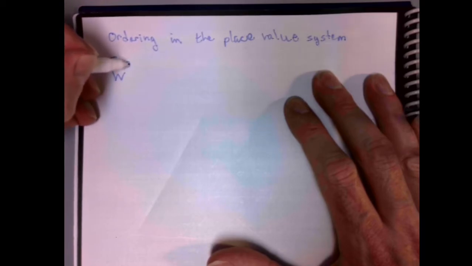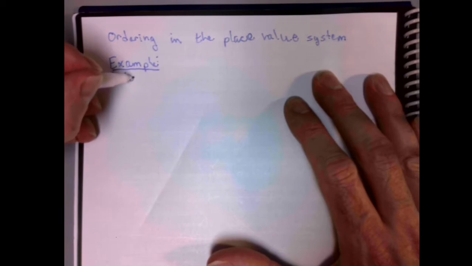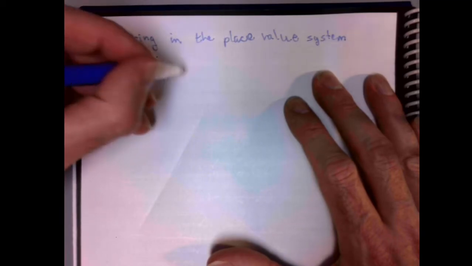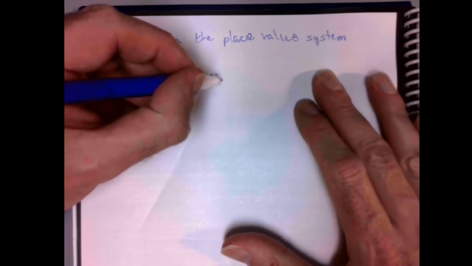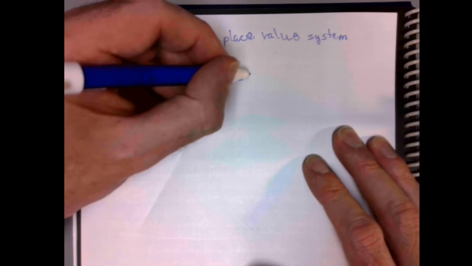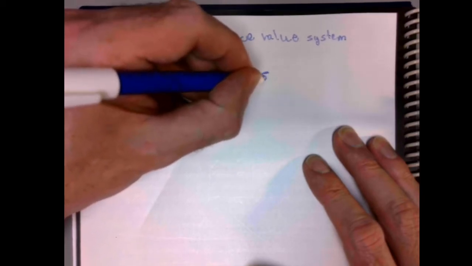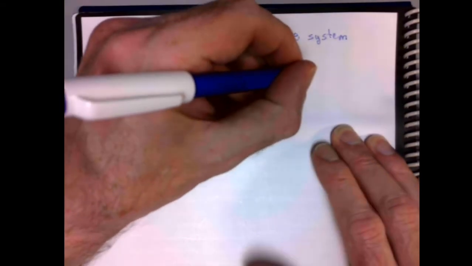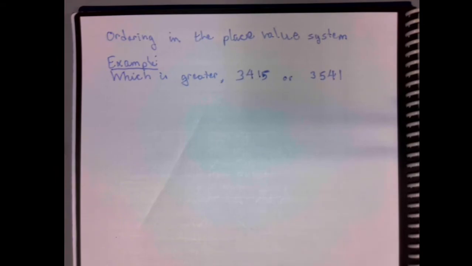Here's an example. Which is greater, 3,415 or 3,541? Two numbers, they have the exact same digits.